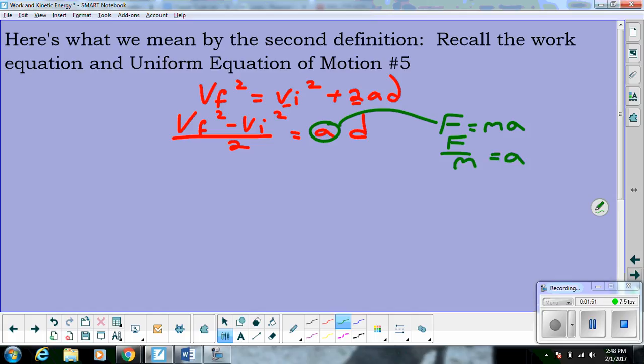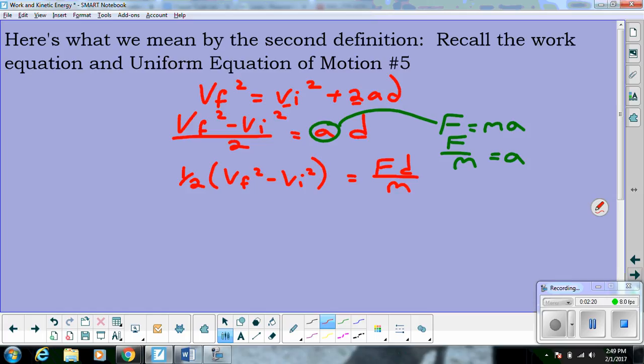And I'm going to substitute that expression into the fifth uniform equation of motion. I'm also going to break out the 2 and call that 1/2, because dividing by 2 means the same thing as multiplying by 1/2. And this is going to equal force times distance over mass.